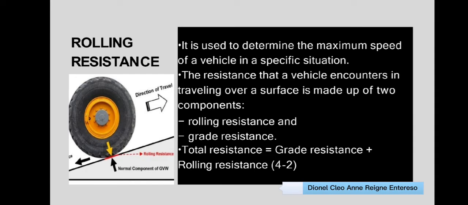So, let's proceed with the rolling resistance. Rolling resistance is used to determine the maximum speed of a vehicle in a specific situation, for example, a vehicle taking a circular turn on a horizontal flat rough road. The resistance that a vehicle traveling over a surface encounters is made up of two components.